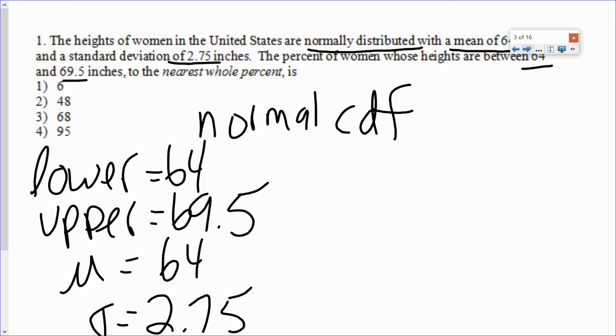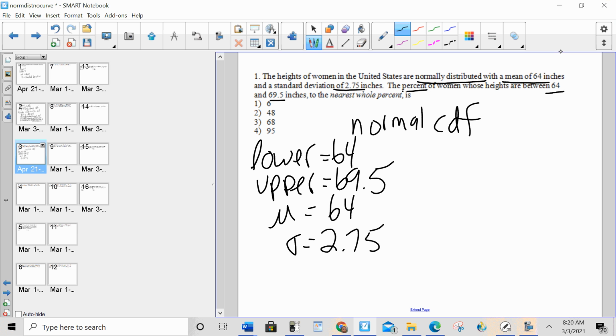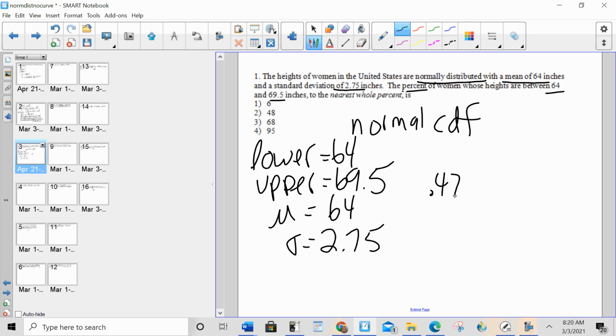So in this one, it's asking for the percent. So because it's asking you for a percent, we got this 0.477. We're going to multiply it by 100.